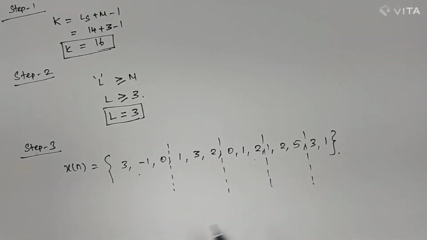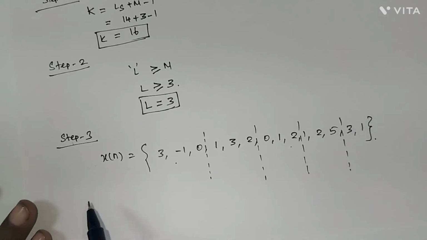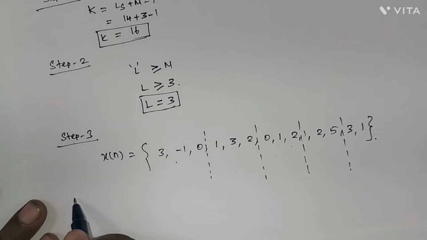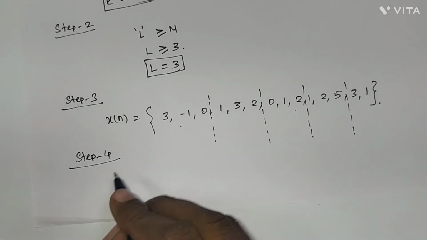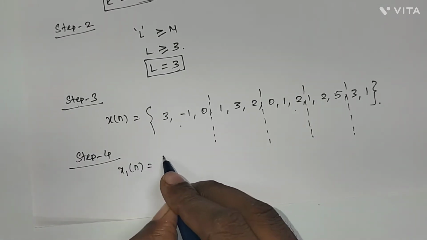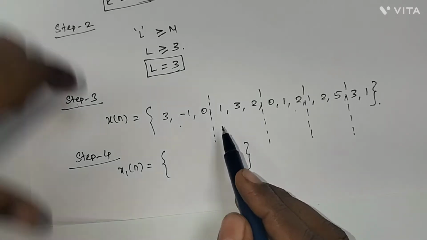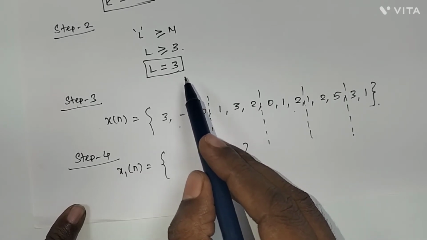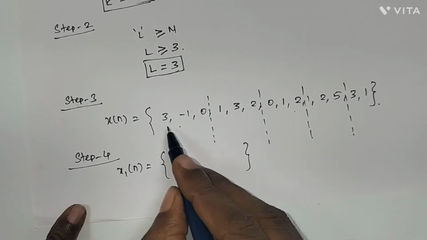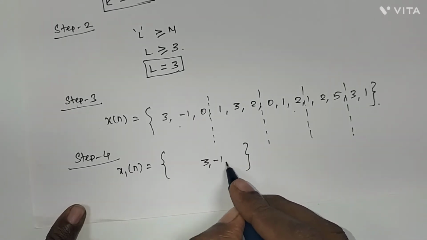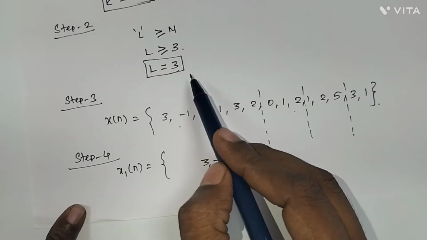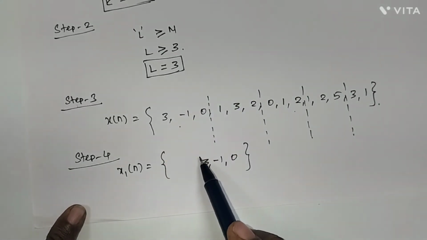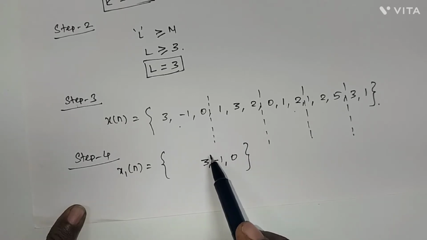Okay. Next, I am going to write each subblock. That is step 4. To write the lengthier sequence, it should contain M minus 1 samples, that is 3 minus 1, 0 and L minus 1, that is x of 0 to M minus 1: x of 0, x of 1 and x of 2.